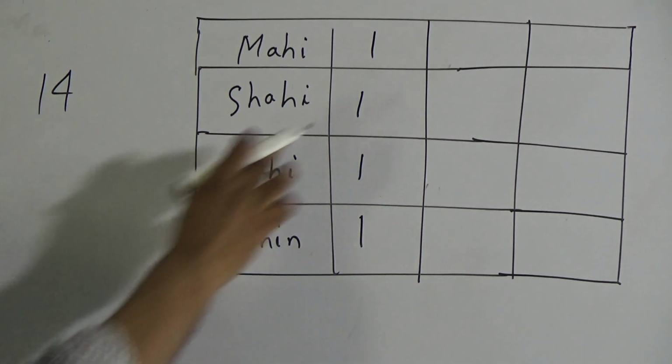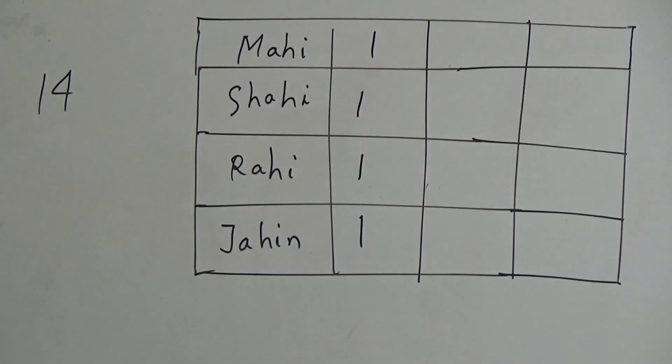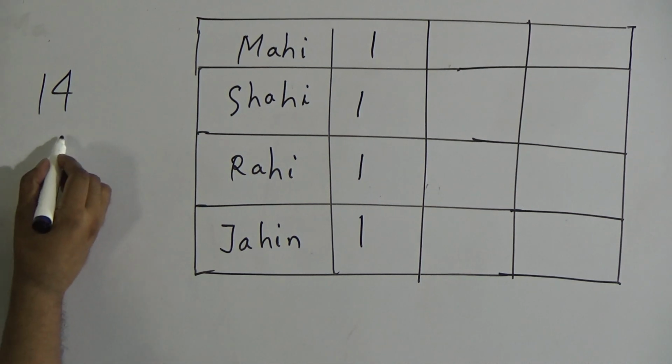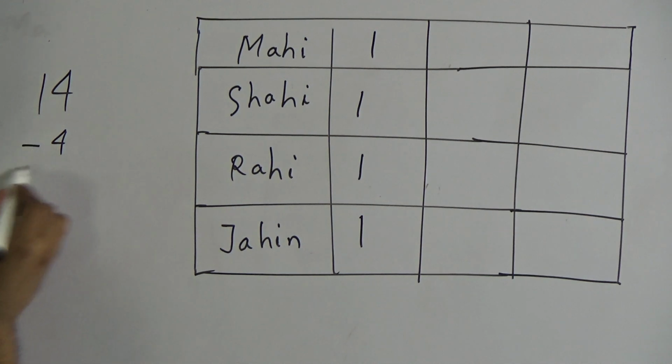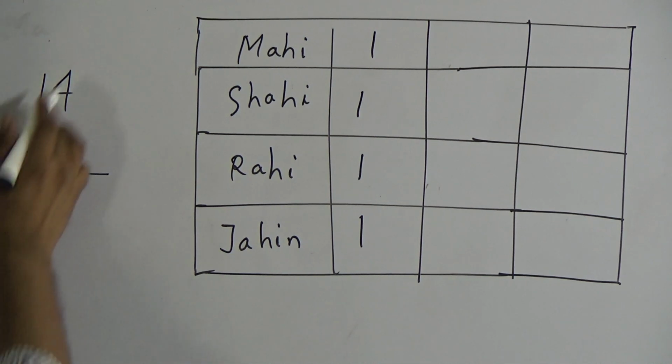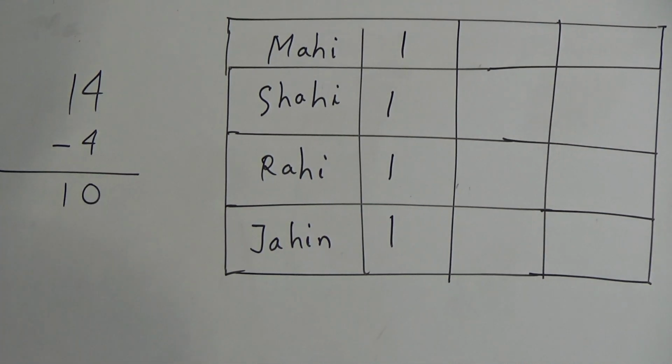So total 1 plus 1 is 2, 2 plus 1 is 3, 3 plus 1 equals 4. In the first step I have given 4 chocolates among them. Now I have 14 minus 4, which is equal to 10 chocolates.